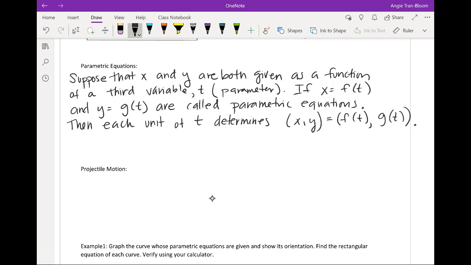Okay, so next and last definition of this unit is projectile motion. Projectile motion are those problems where an arrow is going up, or you have some object shooting out somewhere, or you're tossing a ball. Do you guys remember those equations always start out with the negative 16t squared?